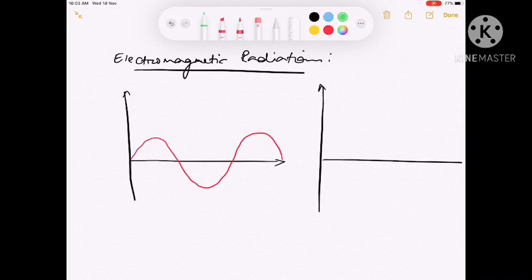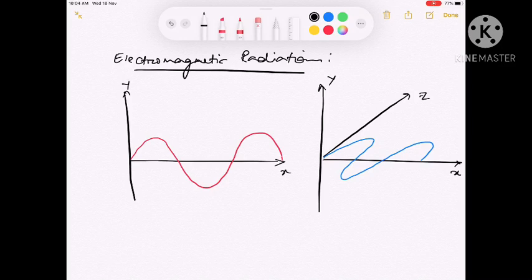Say this is the x axis, this is the y axis, and this is the z axis. Now this is the magnetic field vibrations, and this is the electric field vibrations.